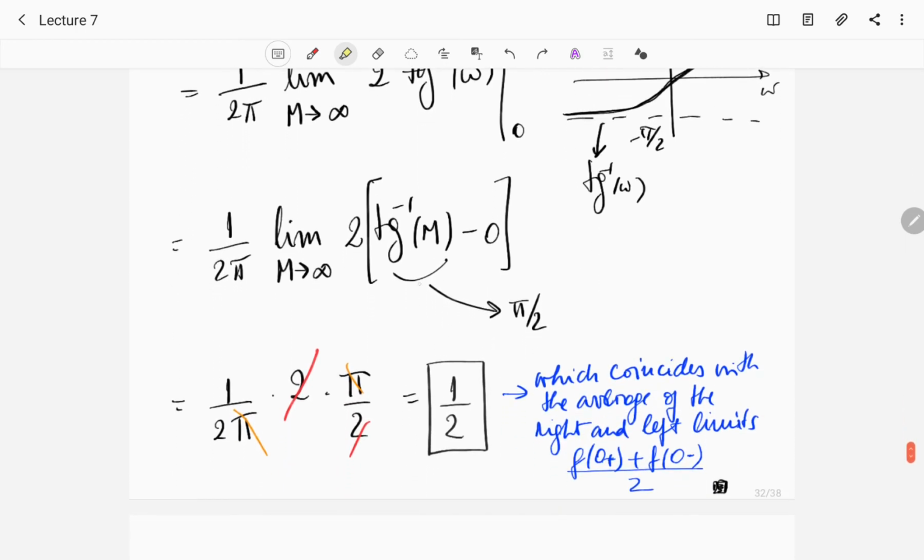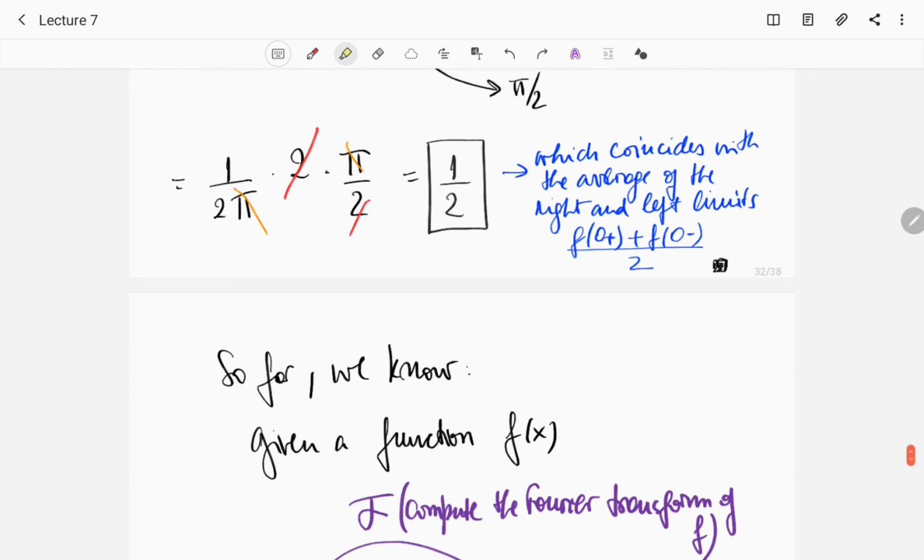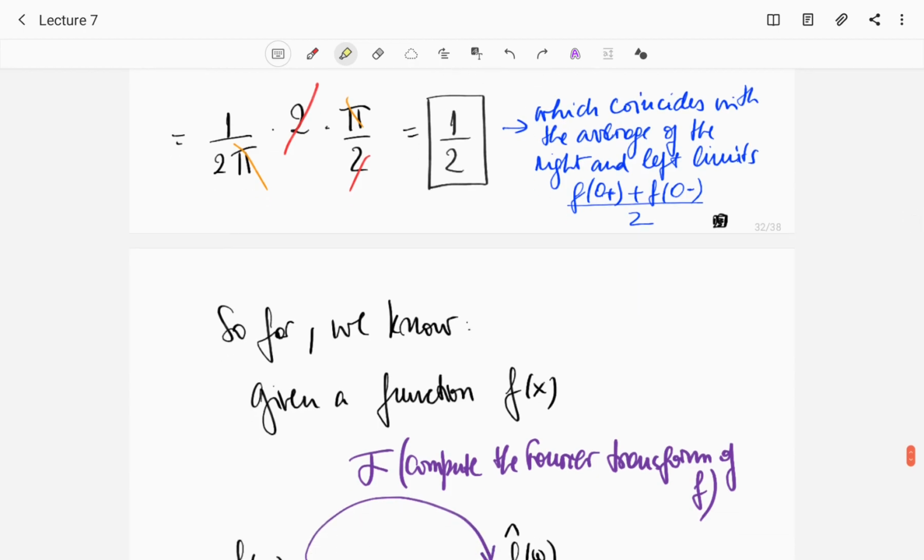And that's what we have here. So the limit, once we solve it, is pi over 2, and this 2 that we have here multiplying. So at the end, what we get is this 1/2, which coincides with the average of the right and left limits, which we computed before. Okay, so, some conclusion.